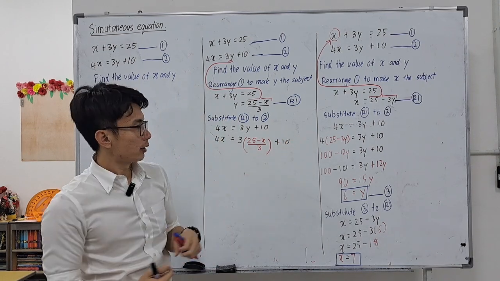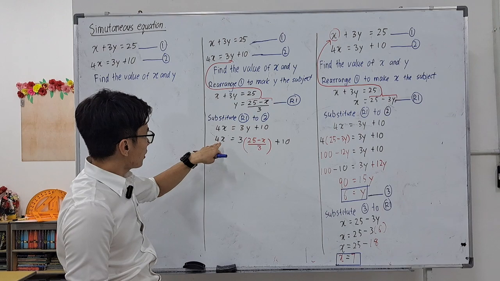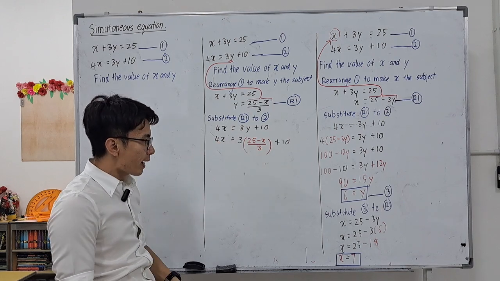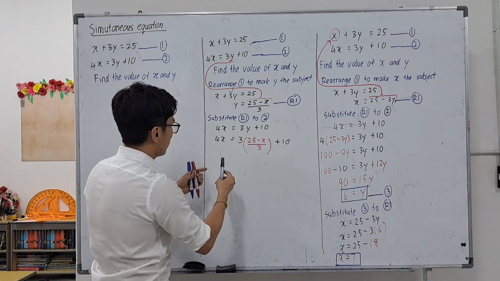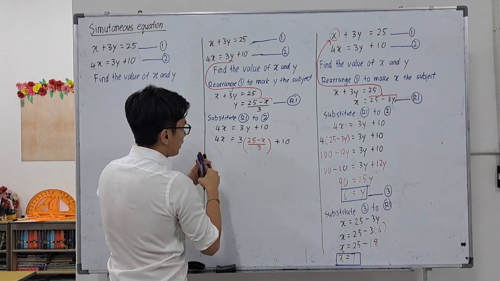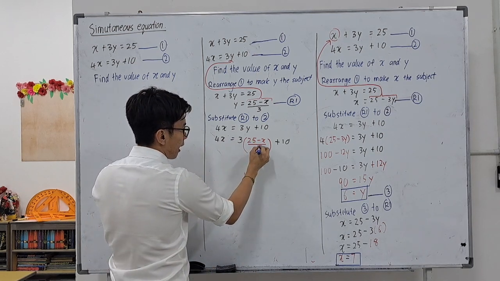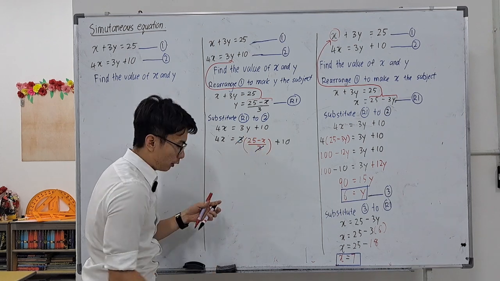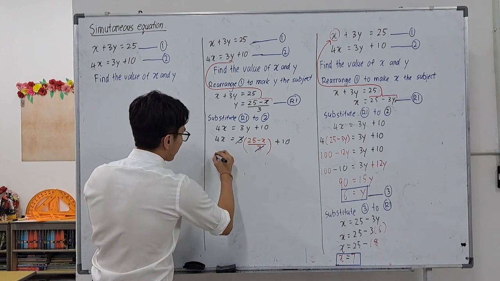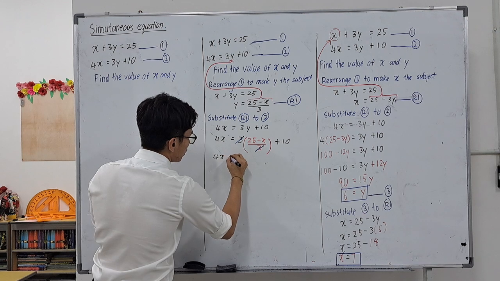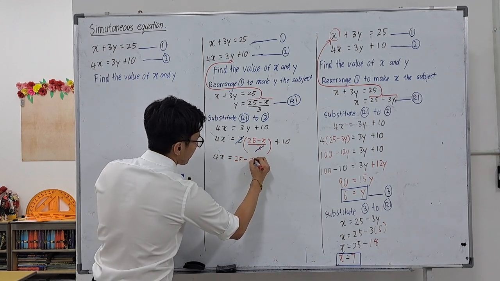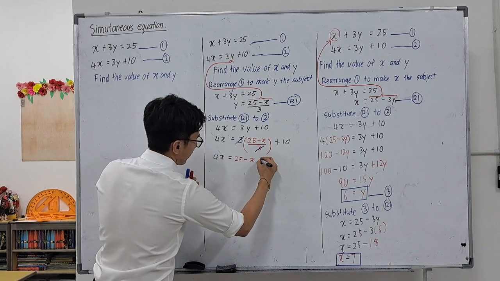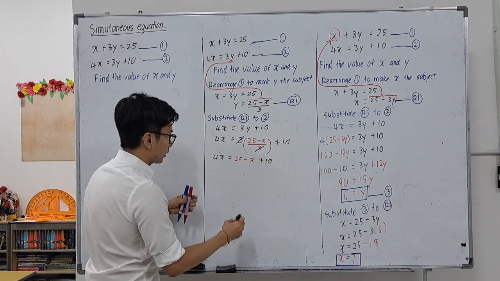Now we're going to solve this. Same concept. You see, I have only one type of unknown, which is my x over here. So how do I solve this? I have a common factor which I can cancel out. So what do I get? 4x equals 25 minus x plus 10. I can collect like terms.